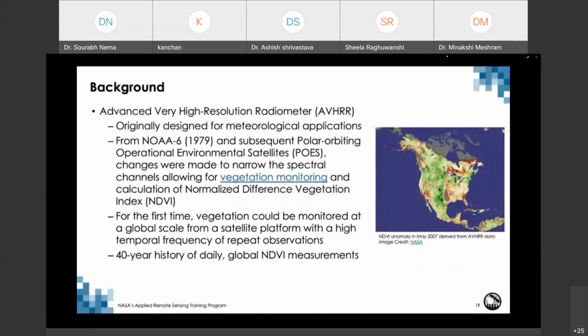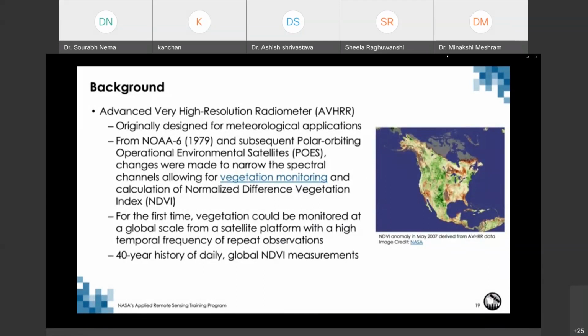Since the launch of the first polar orbiting weather satellite in 1960, NOAA and the European Organization for the Exploitation of Meteorological Satellites, or EUMETSAT, have been funding a constellation of polar orbiting weather satellites to improve the accuracy of weather analysis and forecasting.